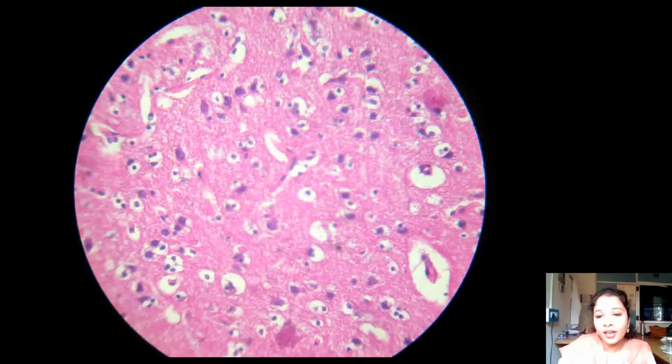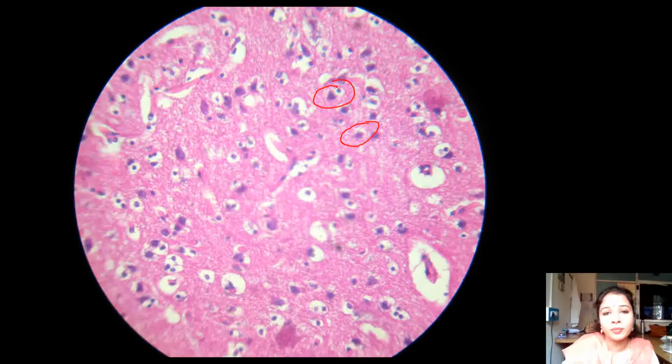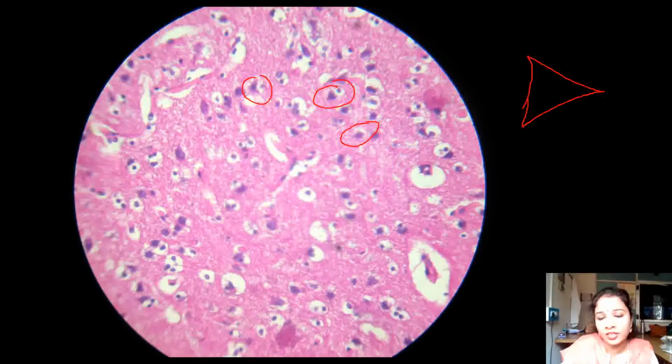Here at a higher magnification, that is at 45x, we are seeing the large pyramidal cells, which are called Betz cells. If you see the shape of these pyramidal cells, it is like a triangle in cut section.